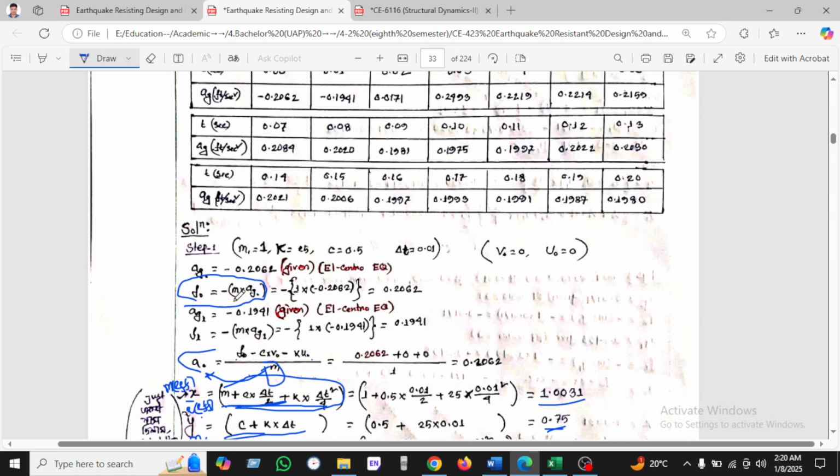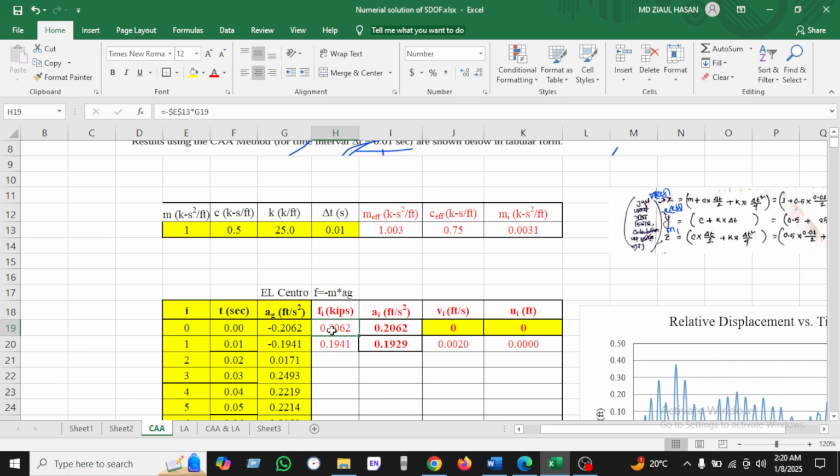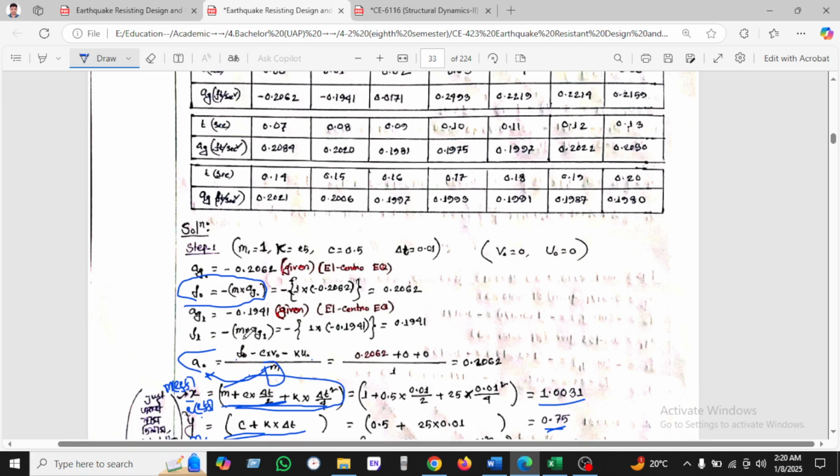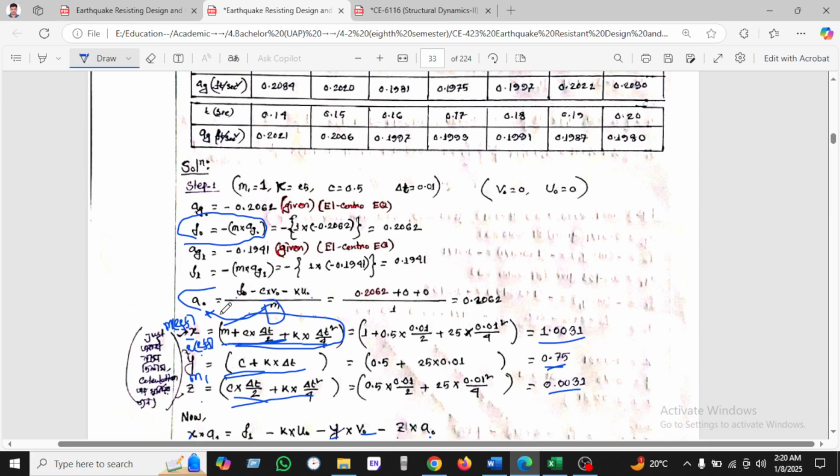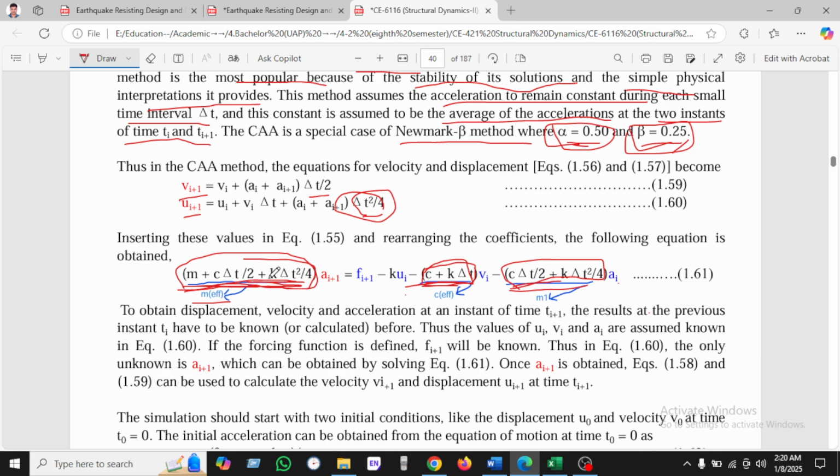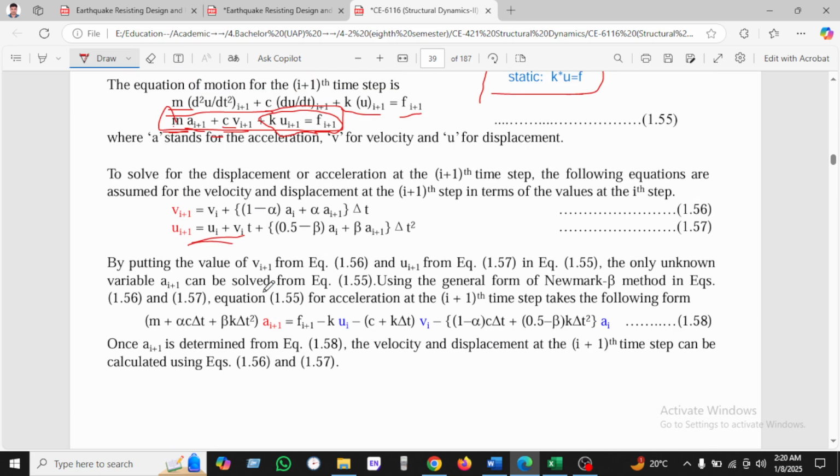F1 is nothing but minus m into a. So minus m into a: this is the a, and this is the m. And a is coming from this equation.